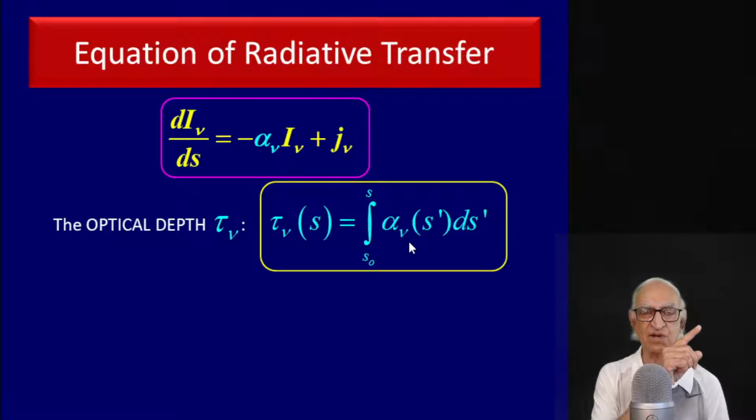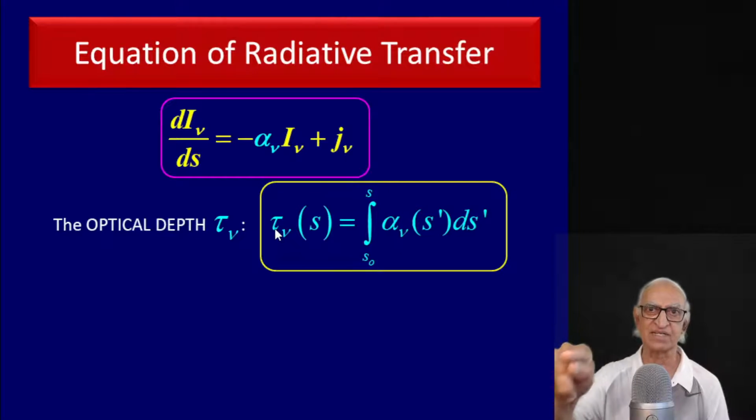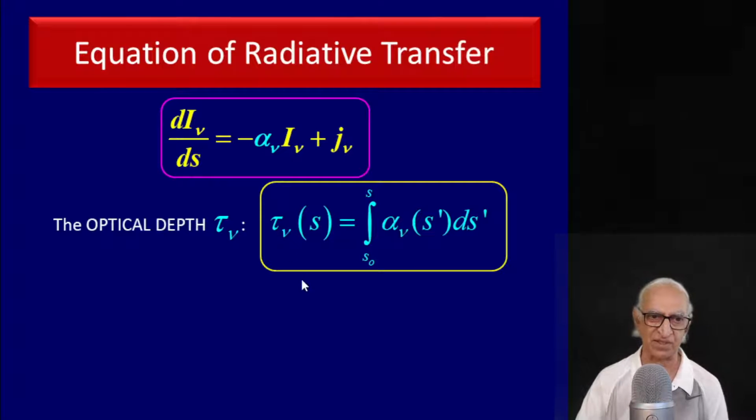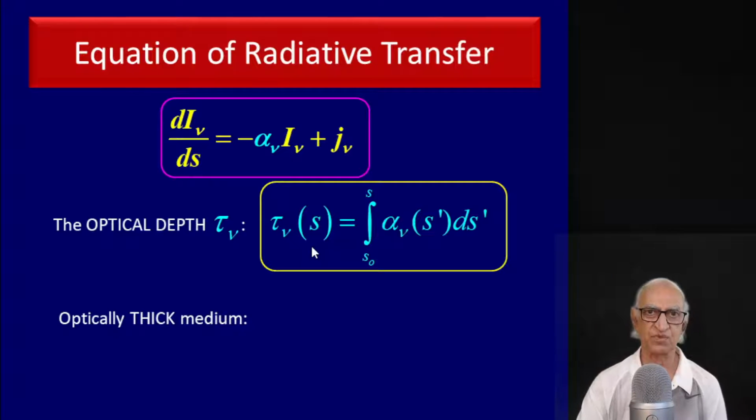Therefore, the total amount absorbed over a length L is the integral of alpha nu ds integrated from one end of the cylinder to the other end of the cylinder. So, optical depth depends upon the depth of the material over which the absorption is taking place. Clearly, that is a number. The dimension of alpha is centimeter to the minus 1, ds is centimeter, therefore optical depth tau nu is dimensionless.